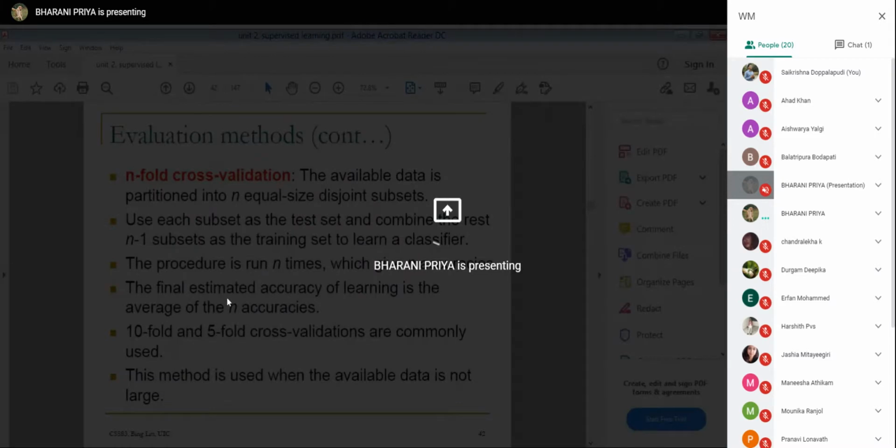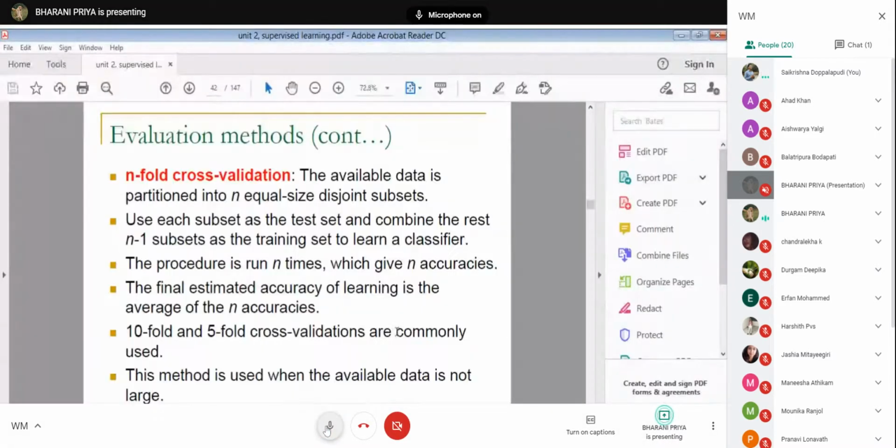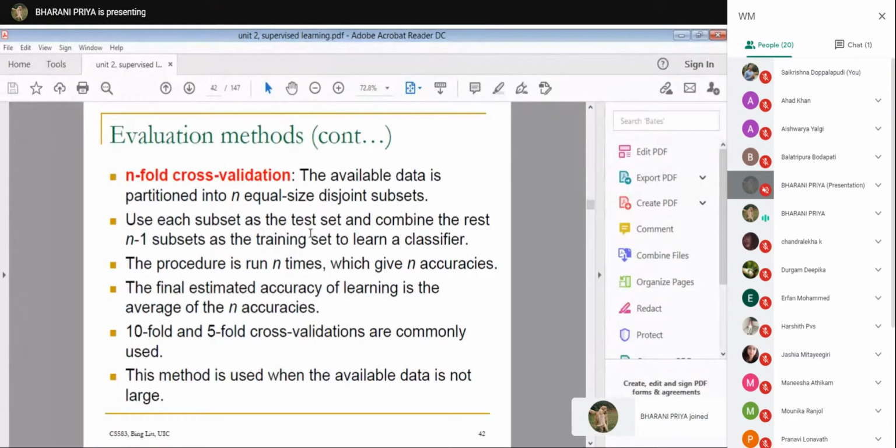Any other doubts? I'll repeat this: use each subset as the test set and combine the remaining n-1 subsets as the training set to learn the classifier. If you divide into n equal-size subsets, the process will run n times, giving n accuracies, and the final estimated accuracy is the average of these n accuracies.